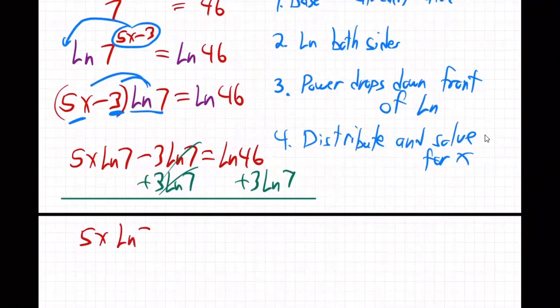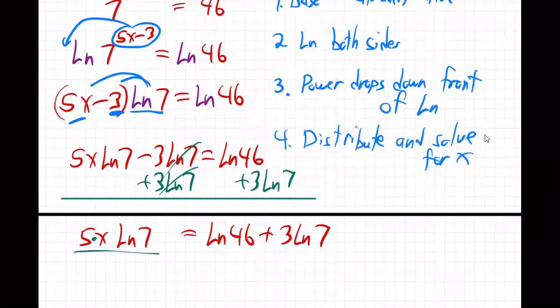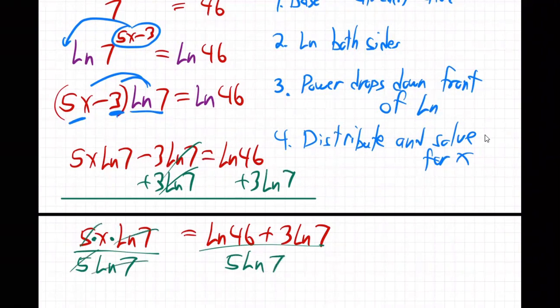We get 5x ln 7 equals ln 46 plus 3 ln 7. Good so far. Last step, just divide. Both the 5 and the ln 7 are just multiplied by the x, so we can get rid of them both at the same time by dividing them both. 5 ln 7. 5 cancels, ln 7 cancels. x is alone. That's our answer.